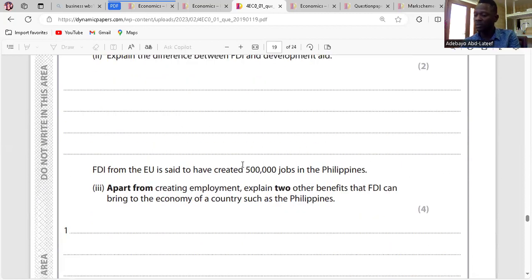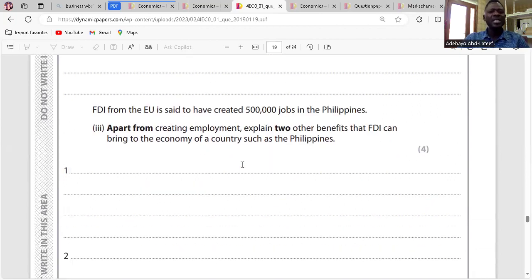Then we move on. Apart from creating employment, explain two other benefits that FDI can bring to the economy of a country such as the Philippines.